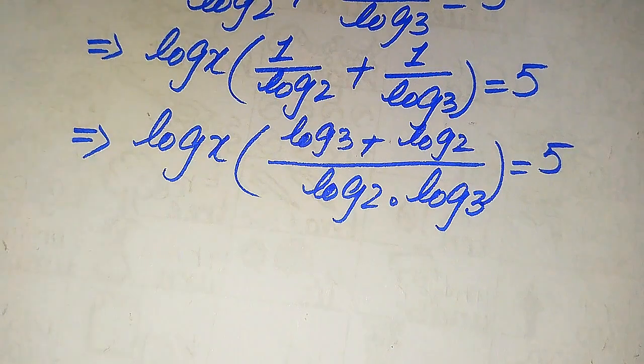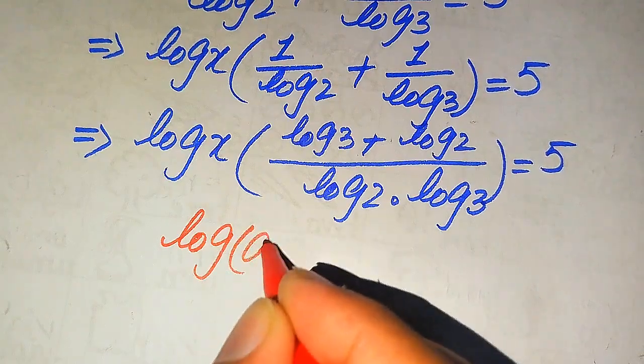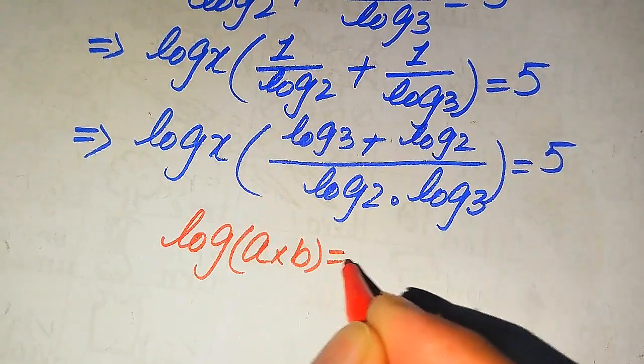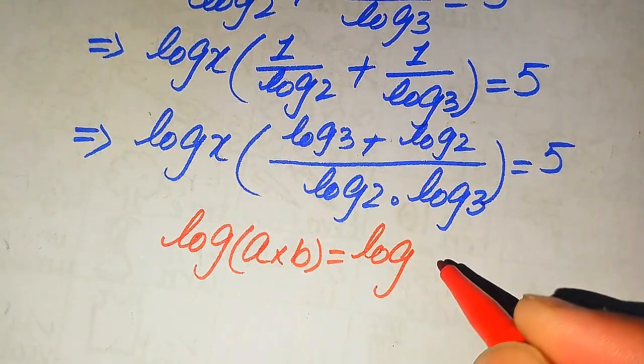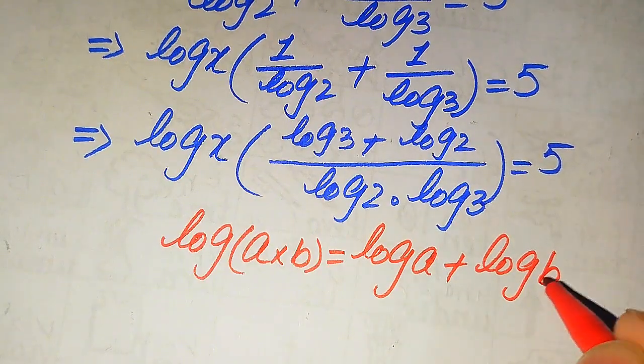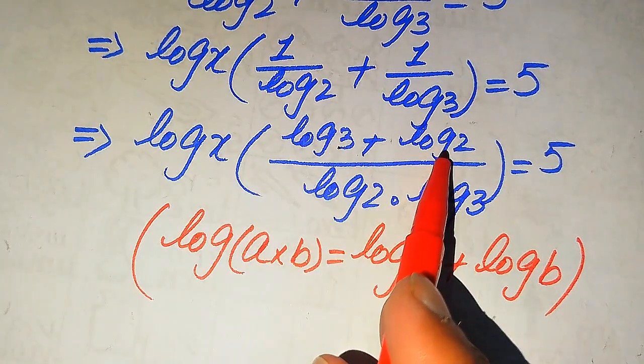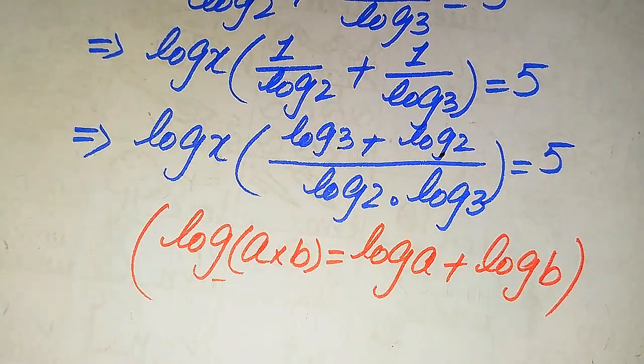Further here we use another property of log. You know that if we have log of a multiplied by b, it is equal to log of a plus log of b. So we use this property on both sides. Here we have the sum of two logarithmic terms, so we combine them in this way.